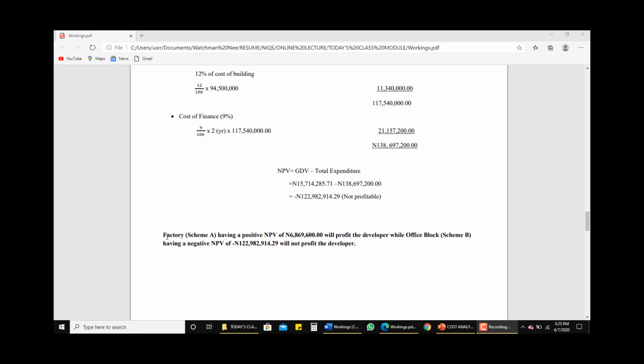So the decision here, or what we could arrive at with these two alternatives, is that the factory, which is scheme A, having a positive NPV of 6,869,600 naira, will profit the developer, while office block scheme B, having a negative NPV of 122,982,914 naira 29 kobo, will not profit the developer.